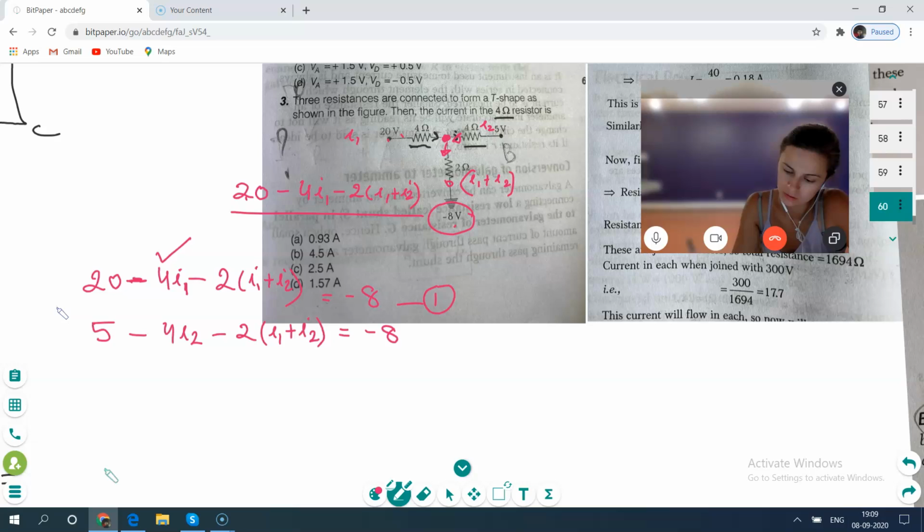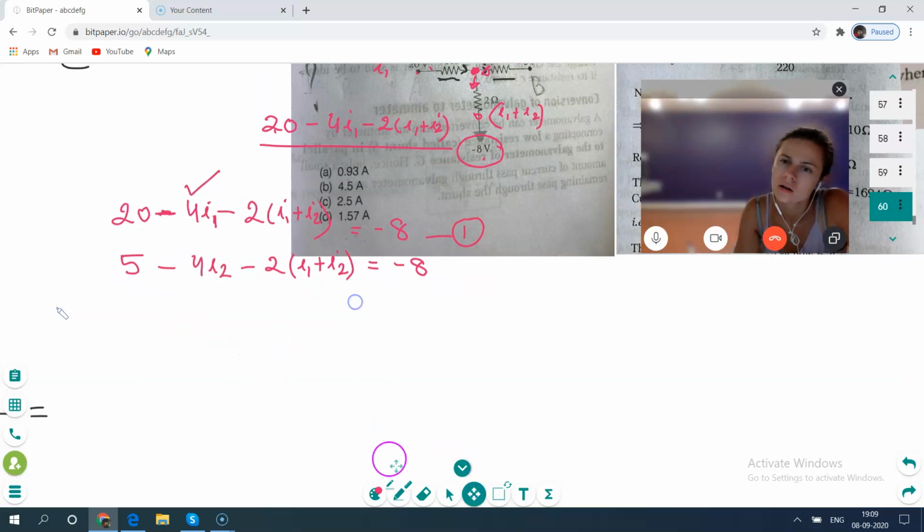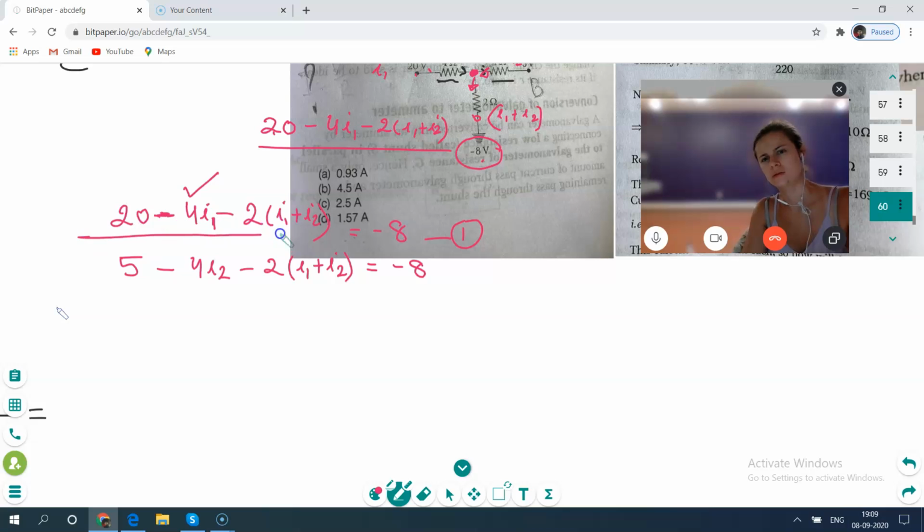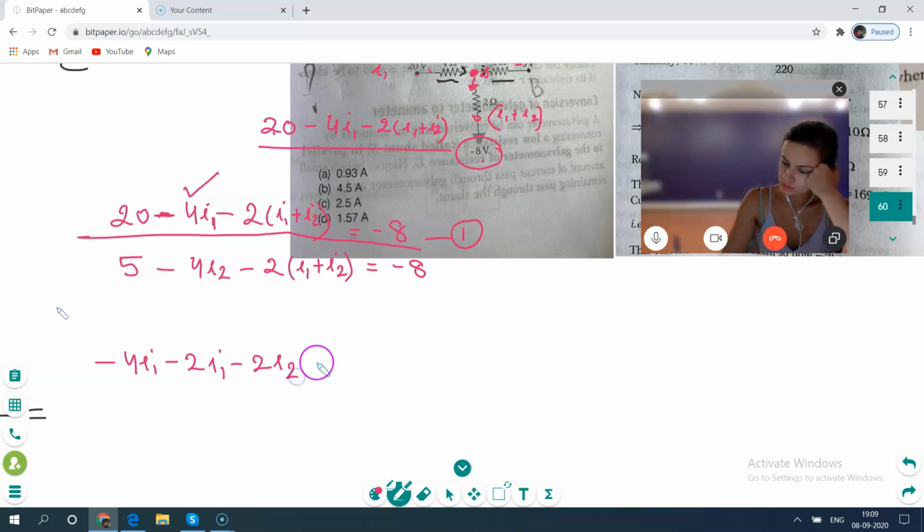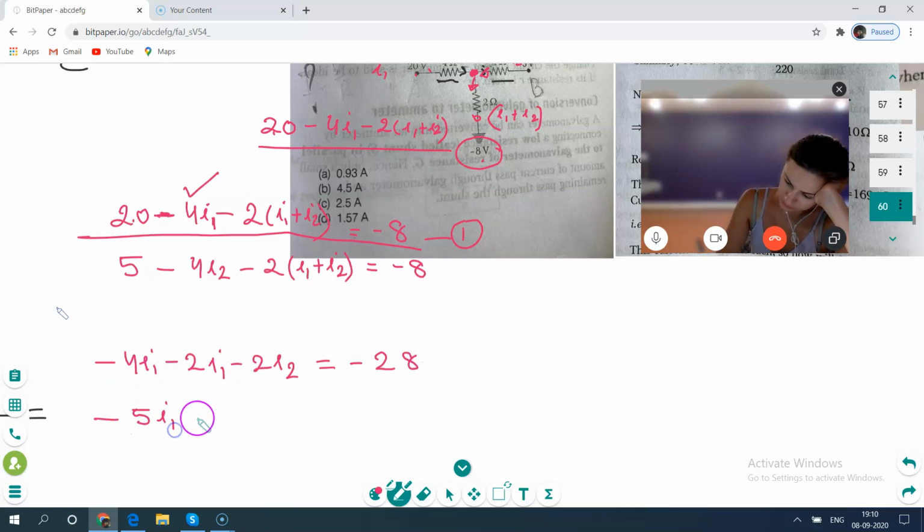This is going to be minus 4 I1 plus 4 I2. Just one second. We have to not simply subtract it. First, we will simplify it. Please simplify it. Minus 4 I1 minus 2 I1, minus 2 I2 is equal to, my 20 will go this side, so minus 28, or minus 5 I1 minus 2 I2.